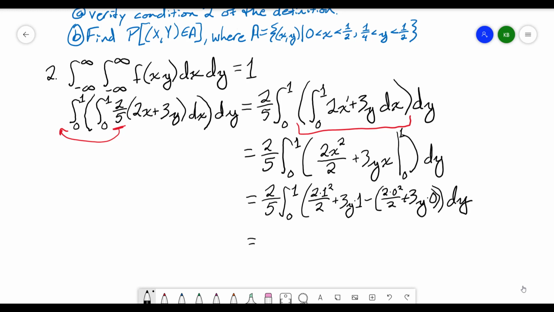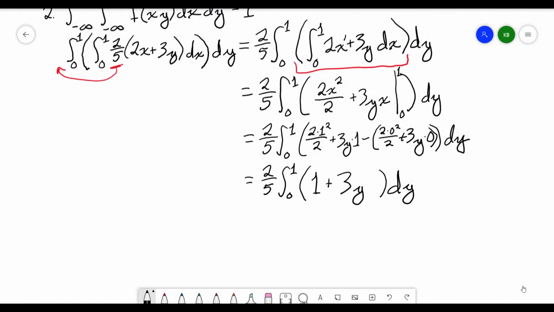Now I still have to simplify the stuff in my parentheses, so I'll leave everything outside of my parentheses the same. And inside my parentheses, I'll now have 2 times 1 squared is 2, divided by 2 is 1, plus 3 times y times 1 is going to be 3y. And then 2 times 0 squared is 0, divided by 2 is 0. 3 times y times 0 is 0, so all of that goes away. So I don't have to subtract out anything.